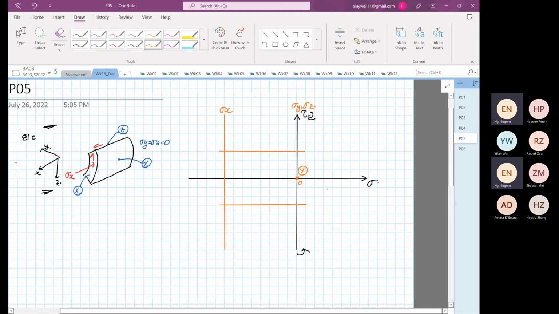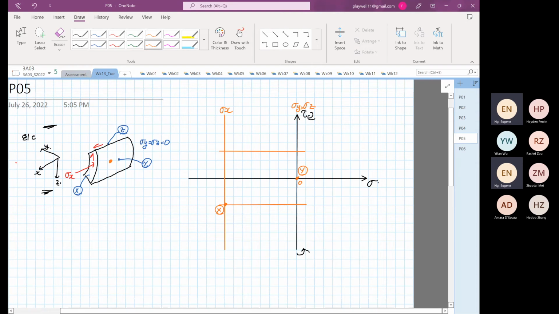So point X, if we put a pin, put our finger over this side, the element will rotate in a clockwise manner, right? Whether clockwise or anti-clockwise at this stage is not so critical.